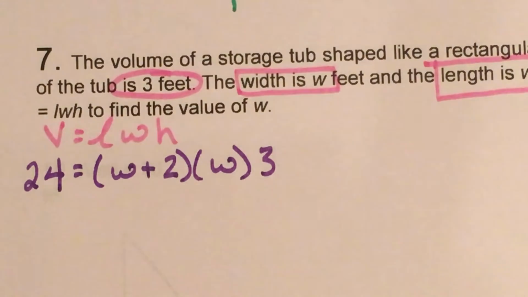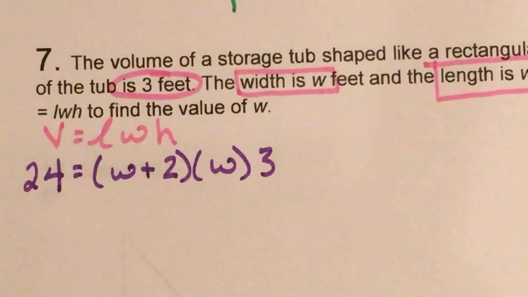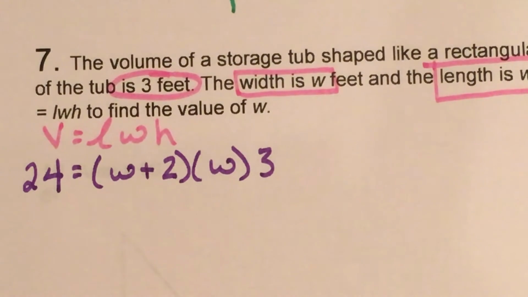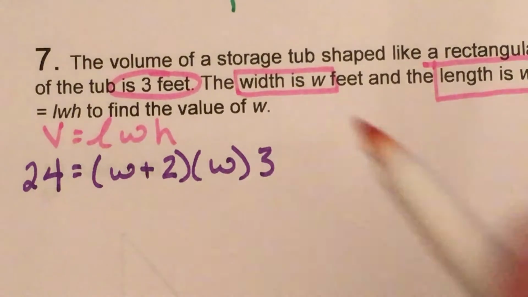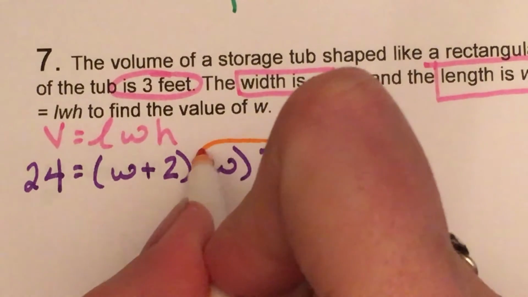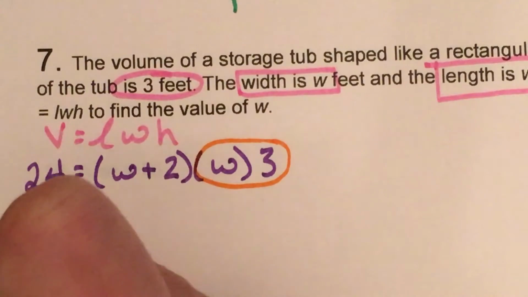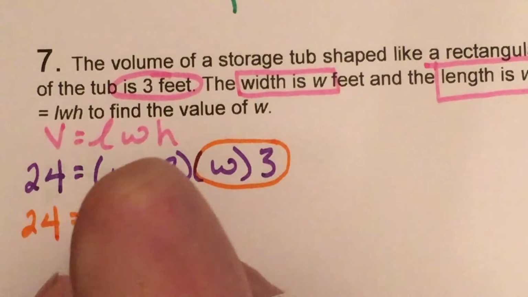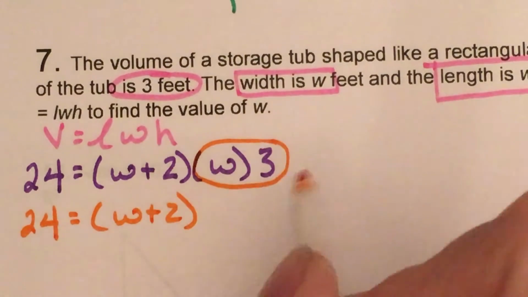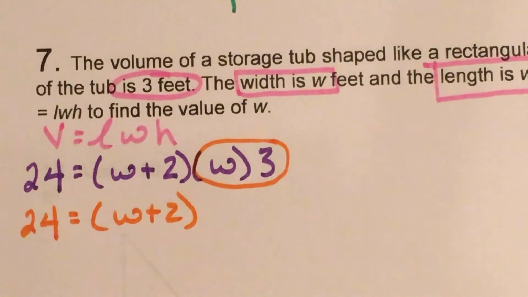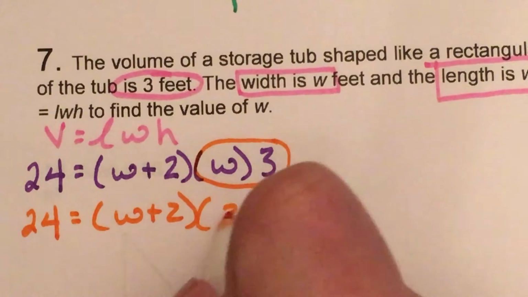Yep, it's just 3. Okay, so let's multiply these two. 24 equals W plus 2 times, what is W times 3? Yeah, it's just 3W.